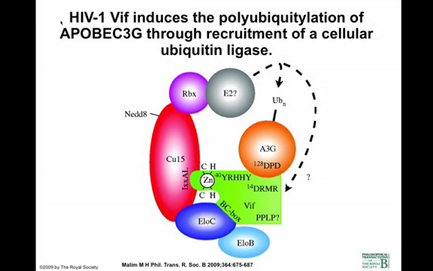So what does HIV do? HIV expresses this amazing protein called VIF. And VIF stands for virion infectivity factor. In the beginning, when VIF was first discovered, all people knew was that if you have VIF, then you have infectious virus. Without VIF, you don't have infectious virus.